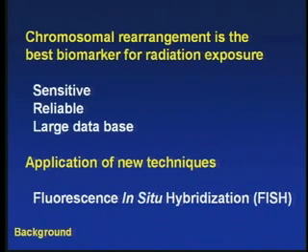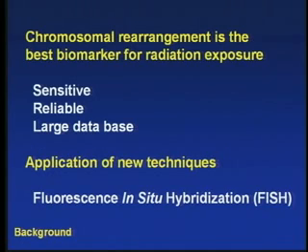So overall, the chromosome rearrangement is the best biomarker for radiation exposure. That's why it's the gold standard for biodosimetry for any kind of conditions, either for risk assessment or for health concern, simply because this type of measurement is very sensitive.